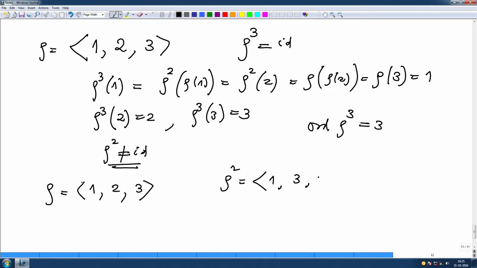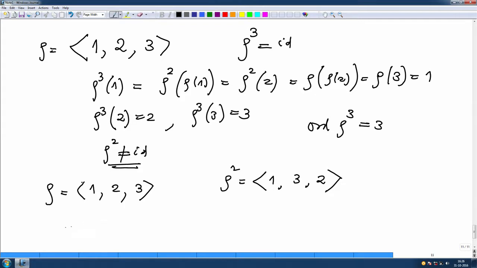So 3 goes to 2, and 2 goes to 3, but you jump 1 step. So this is the cycle. This is rho squared, and rho cube you will obtain like that, by jumping. Let me not calculate things. That is how one calculates the powers quickly.